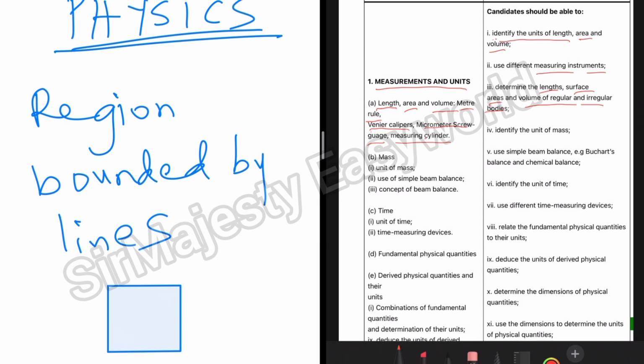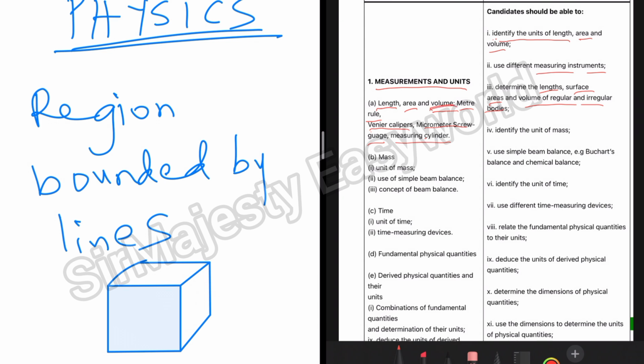What exactly is volume? Volume has to do with three-dimensional shapes. If I have this shape, how much water will I pour into this to fill it? That's what is called the volume of the shape. This is a cube. So if I can get how much water will enter inside this place to fill it up, that would be the volume of the shape.